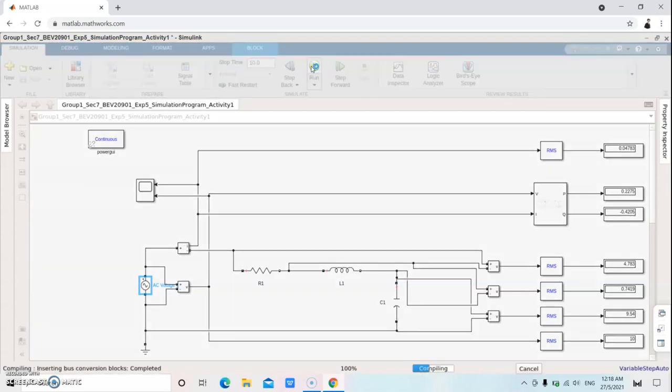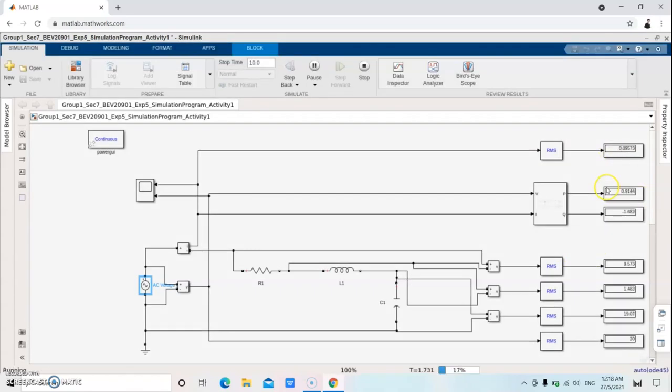And also same as before, we need to wait some time until all the meters get the stable data, and we record it down into the table given in the lab sheet, and we just repeat changing the voltage according to the lab sheet given until 100.